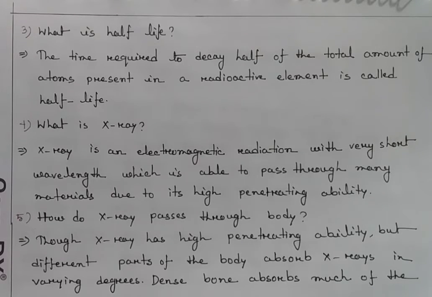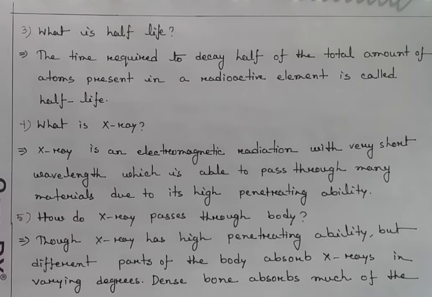Next question, how do X-rays pass through our body? We have known about X-ray and how it is generated, but how does it pass through our body? Though X-ray has high penetrating ability, different parts of the body absorb X-rays in varying degrees.